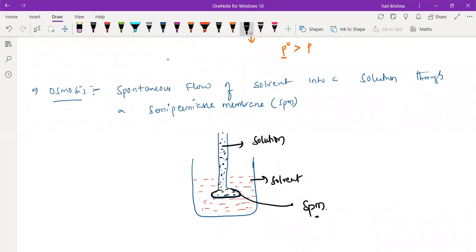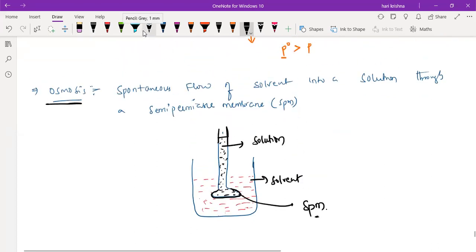Now, the spontaneous flow, that means without any external factor, the movement of the solvent from the beaker into the solution through the semi-permeable membrane is called osmosis. Is it clear?